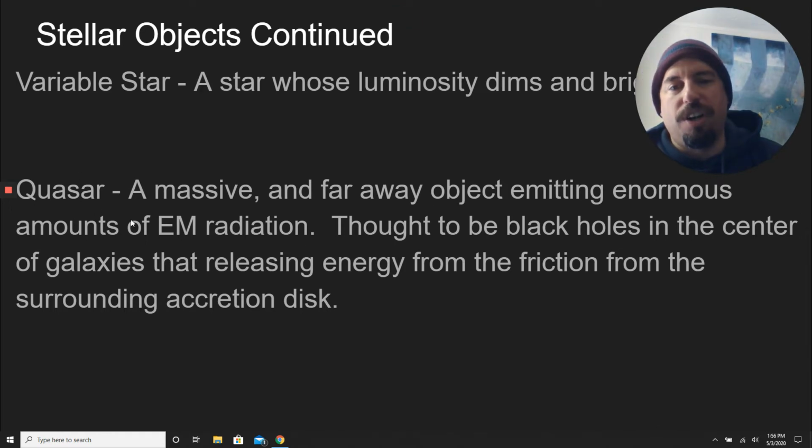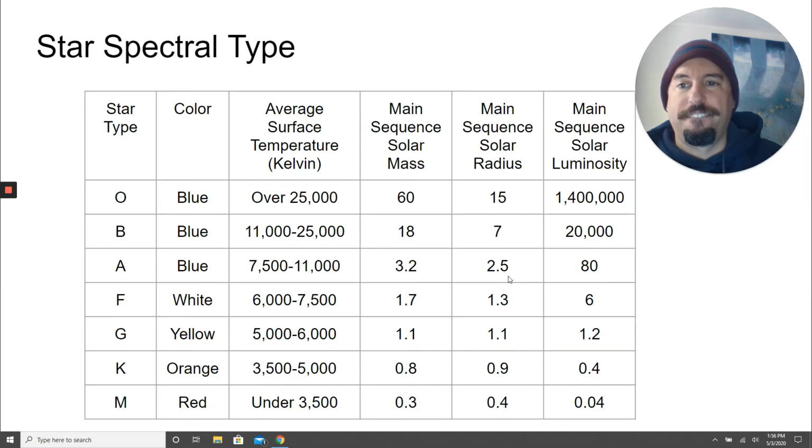So these quasars are just putting out massive amounts of energy. And we're not sure exactly what they are, but we think it's this energy, the friction of the material surrounding the black hole. Okay.